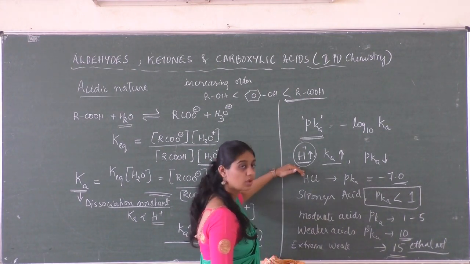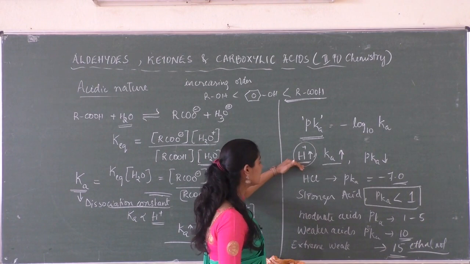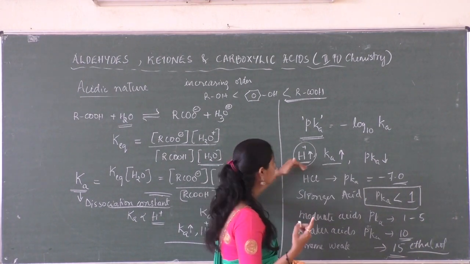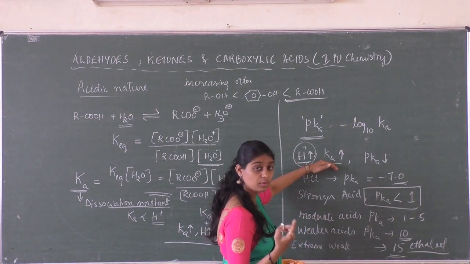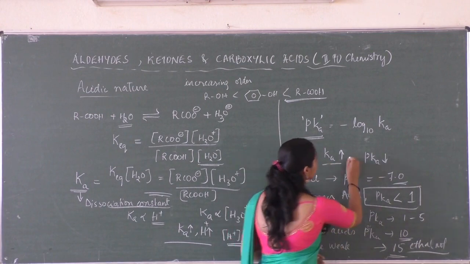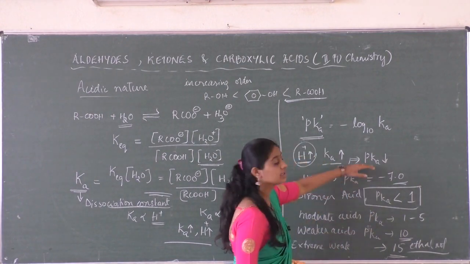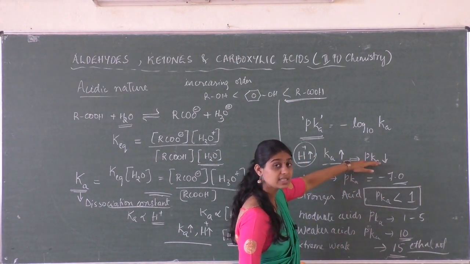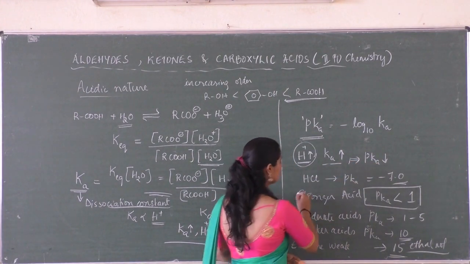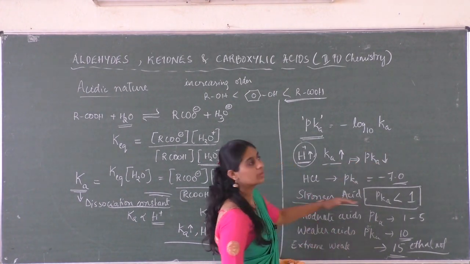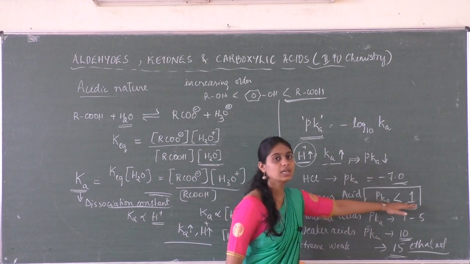So for stronger acids, the concentration of H plus will be more, and therefore the Ka value will also be more, which in turn reflects that the pKa value should be less for a stronger acid. Note that stronger acids will have a pKa lesser than 1.